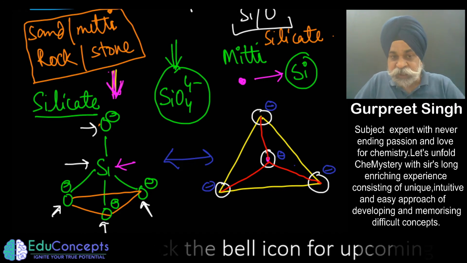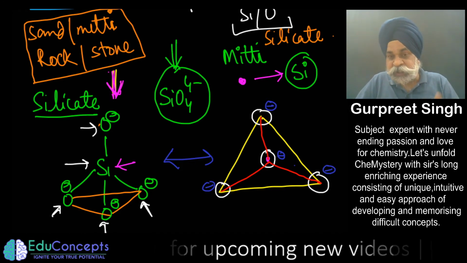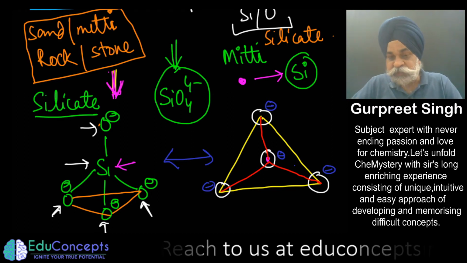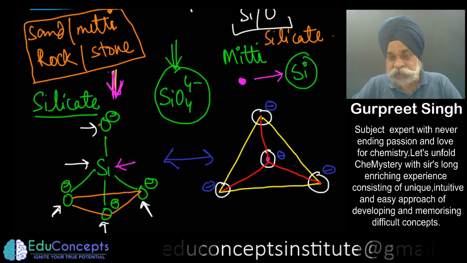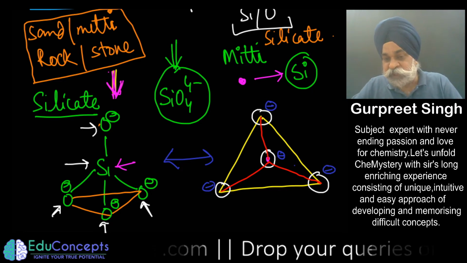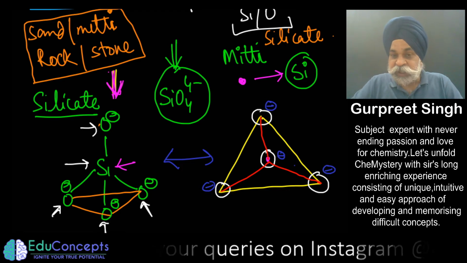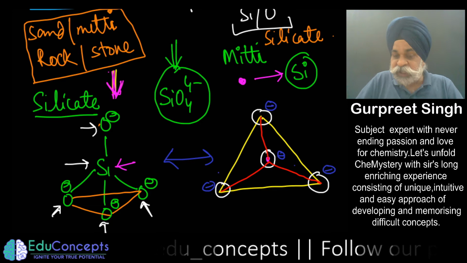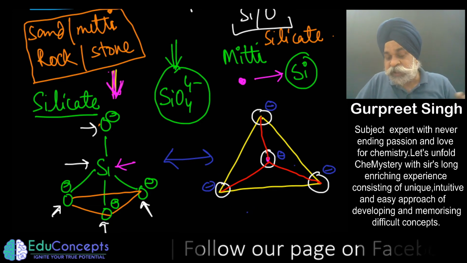So silicates would have this entity, and the oxygen which is carrying a negative charge can join with another tetrahedron and so on. As soon as different tetrahedrons start joining three-dimensionally in different directions, it becomes polymeric.